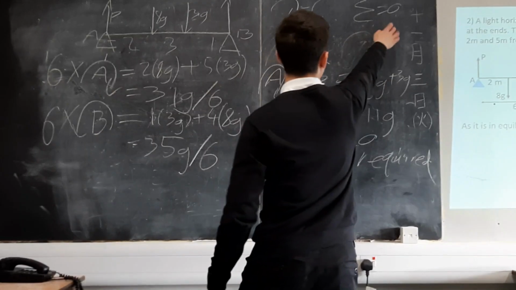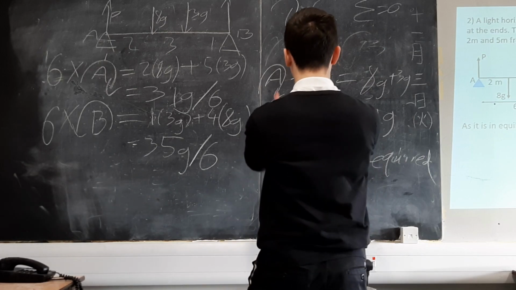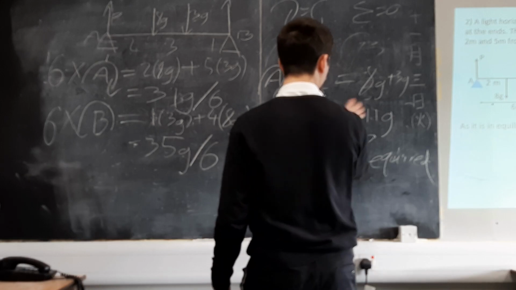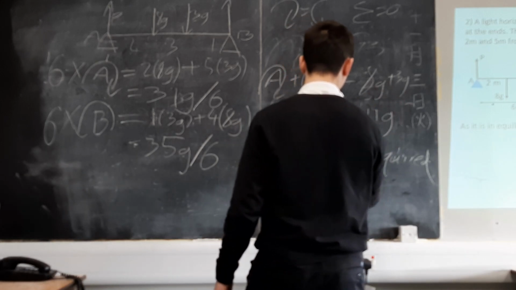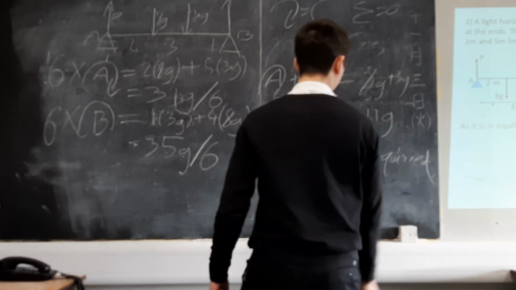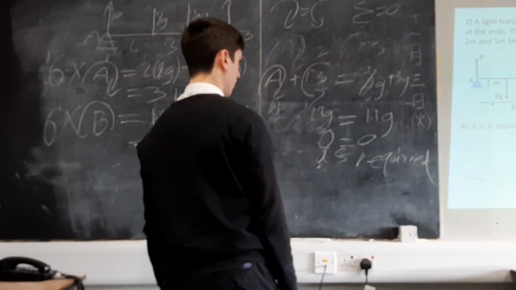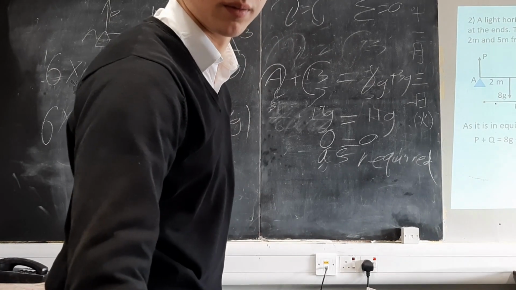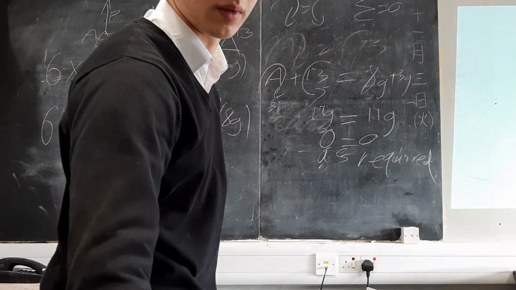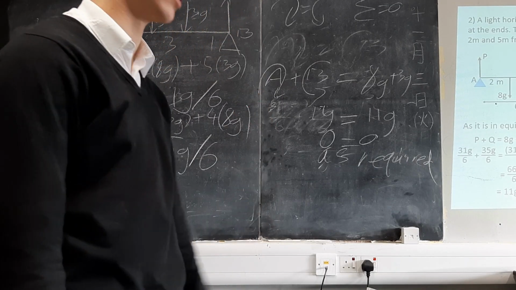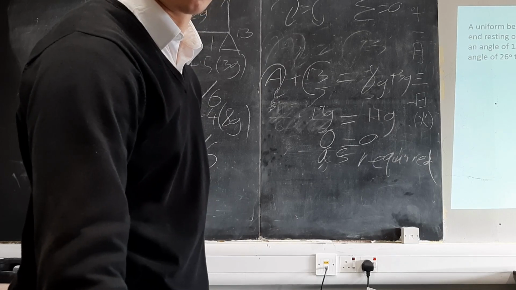The sum of forces should equal 0, which we solve, which gives you 11G. Add those together, then rearrange, which gives you 0. No, 0 equals 0. Yeah, 11G equals 11G, as required. That makes more sense, but I'm just slapping that in because felt like it.